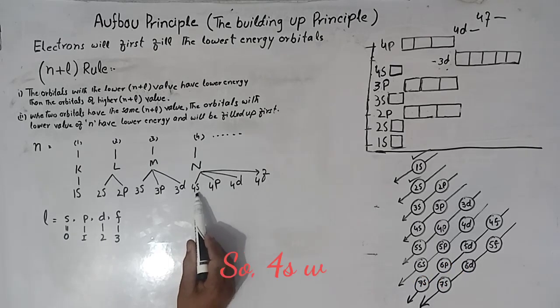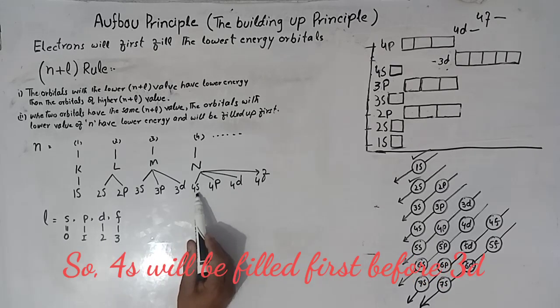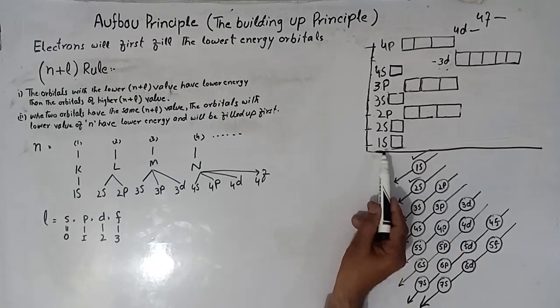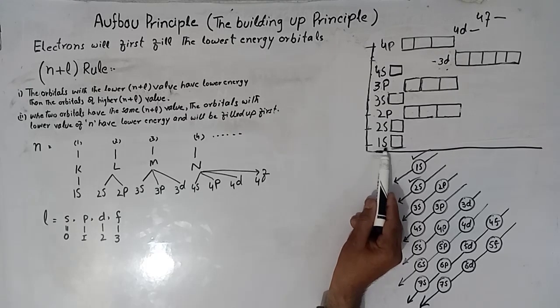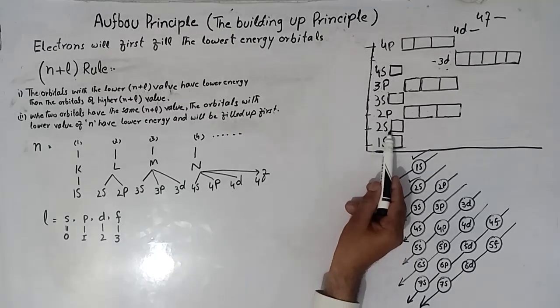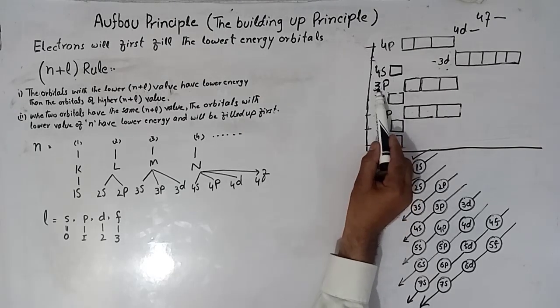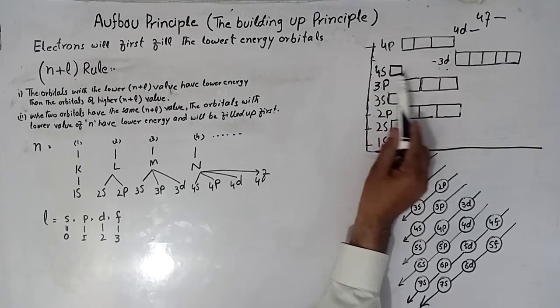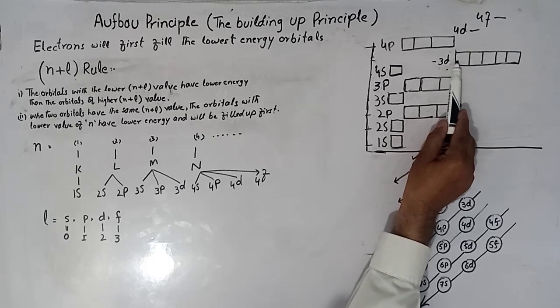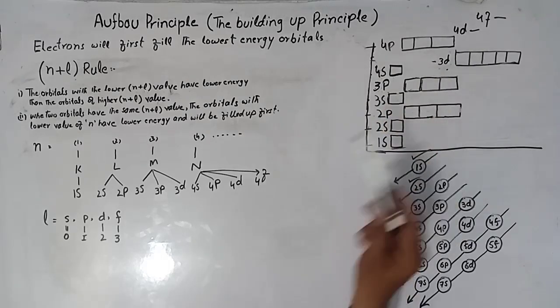So 4s will be filled first before 3d, and you can see here also 1s, 2s, 2p, 3s, 3p, 4s, then 3d and 4p.